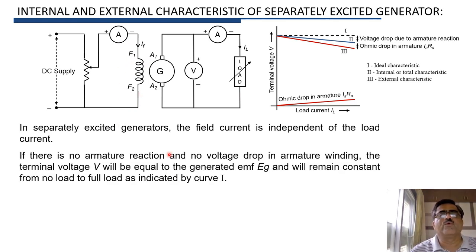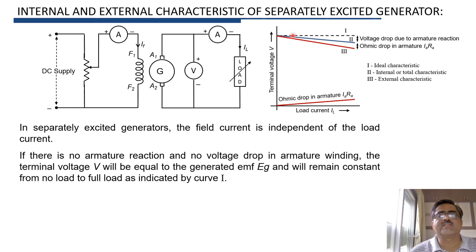Now, if the voltage drop in armature IARA and voltage drop due to armature reaction in the generator, if both these drops are neglected, then this terminal voltage V will be equal to Eg. And as flux is constant, speed is constant, Eg will also remain constant from no load to full load. So this is shown by this characteristic curve 1.